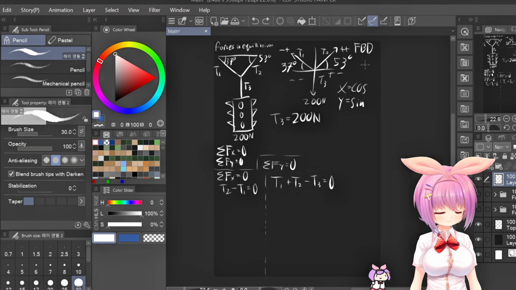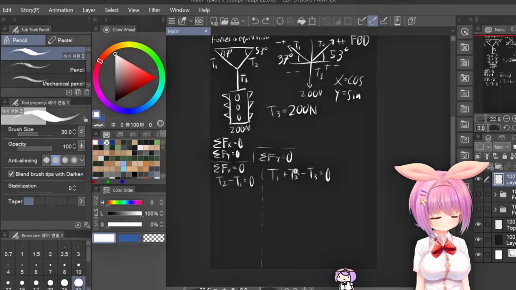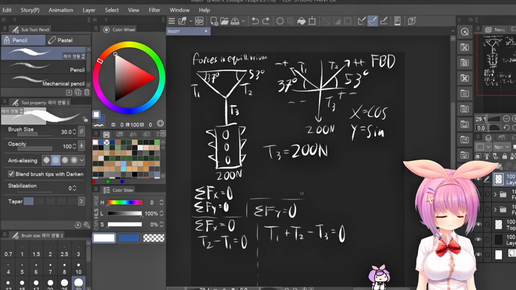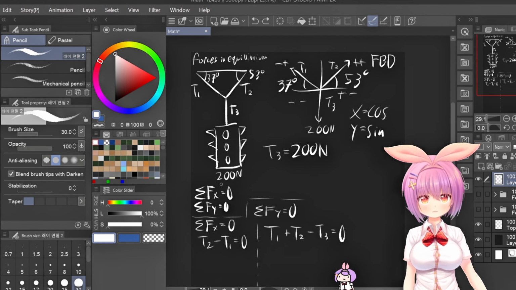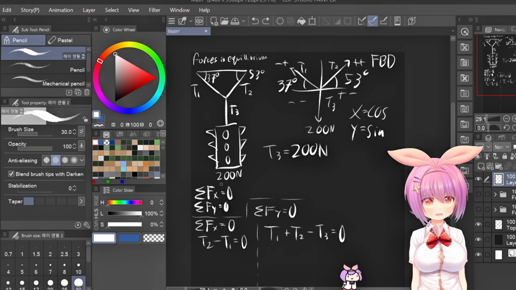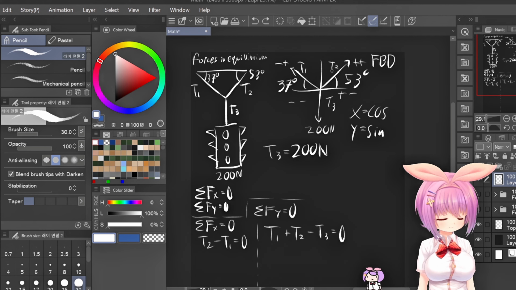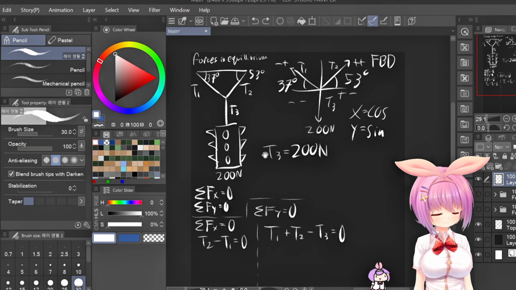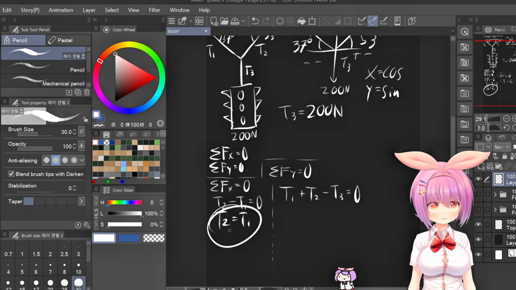Now after the free body diagram, we're going to do the calculation part. We're going to make the equation for x and y. Analyze what forces contribute to x and y. So in our x right over here we have T1 and T2, but since T1 is going on the left side it's negative, but in some videos it's actually straight like this.